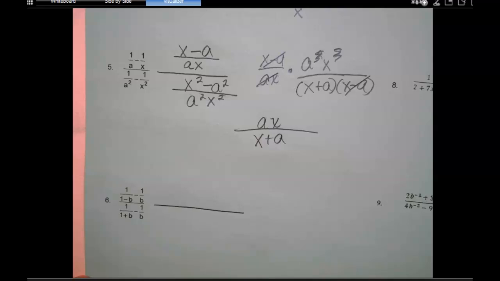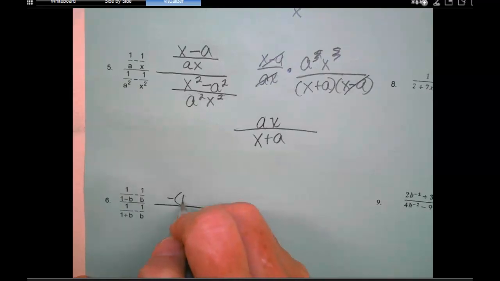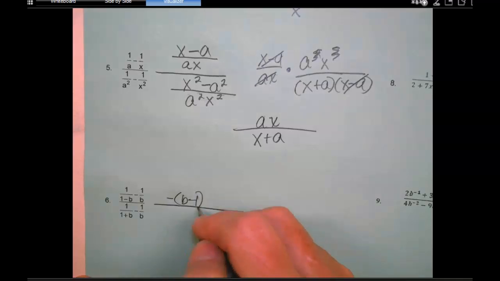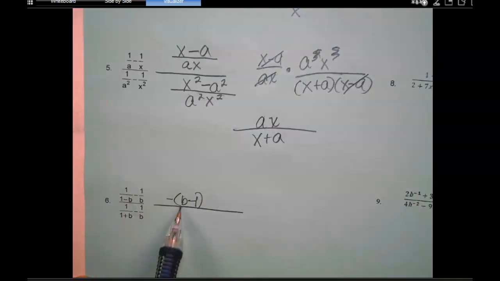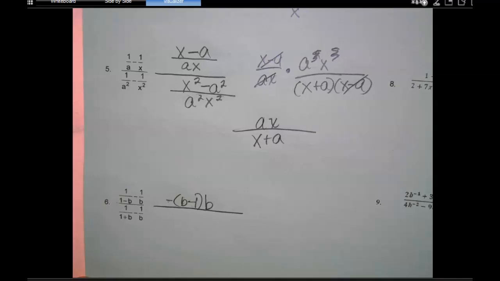And if I put a negative in front, which I'm going to do, that's going to make this a positive b minus 1. The b becomes positive and the 1 becomes minus because I took the negative here. And then we're going to have the b. Is that okay? Does everybody see what I did? I did that just so in the end we can cancel correctly.